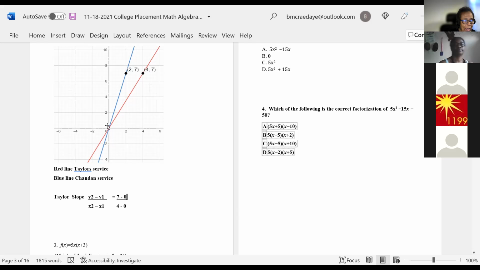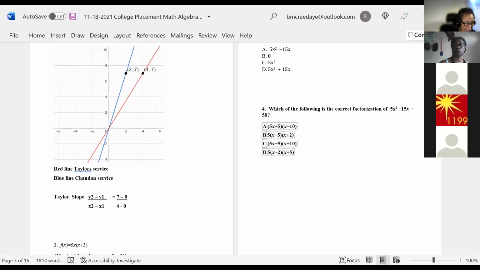So for Y2 and Y1, I have 7, then I have 0. For X2 and X1, I have 4 and then 0. So now I can solve this.